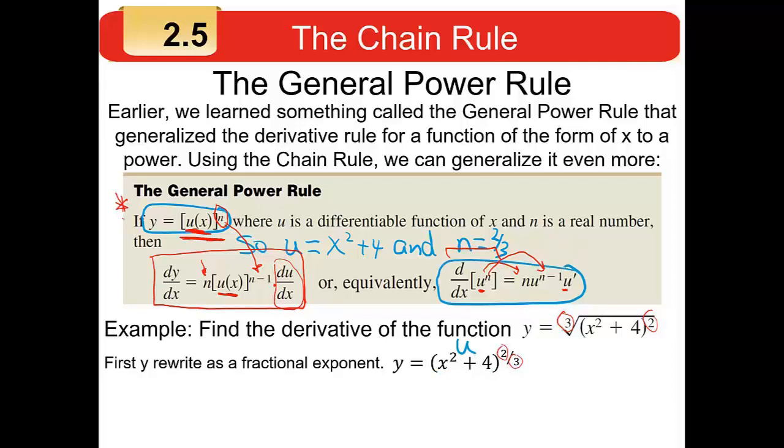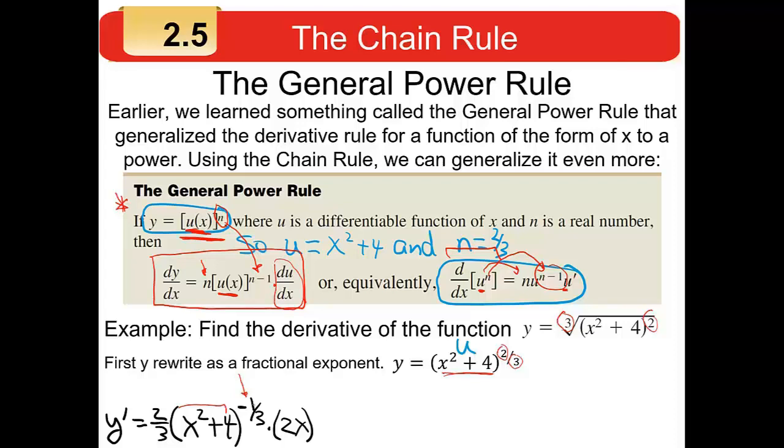And then apply the formula. The formula says you take the n, which is 2/3, and multiply it by the u, which is the x squared plus 4, except you raise it to the 1 less power. So you've got to take 2/3 and subtract 1. Well, 2/3 minus 1, which is 2/3 minus 3/3, is negative 1/3. So the power goes down by 1.